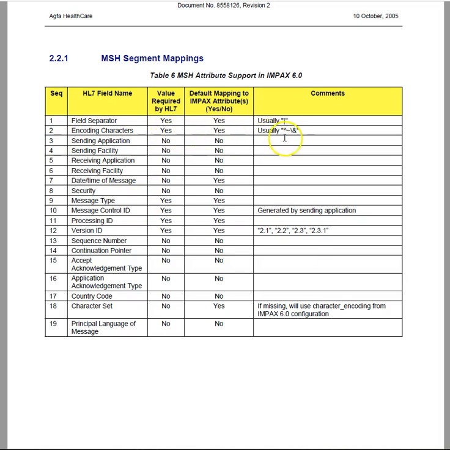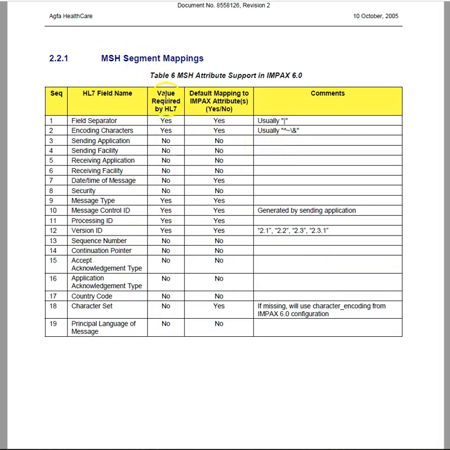Yes, it's required. And it's usually the standard encoding characters that we see. And that's interesting, right? That it says usually. Because remember, you can change the encoding characters, and if you did, it would learn the new mappings. It would learn what you put if you switched the vertical bar to asterisk. It would learn that and it would take it. It's just saying we usually expect to find these things in there.